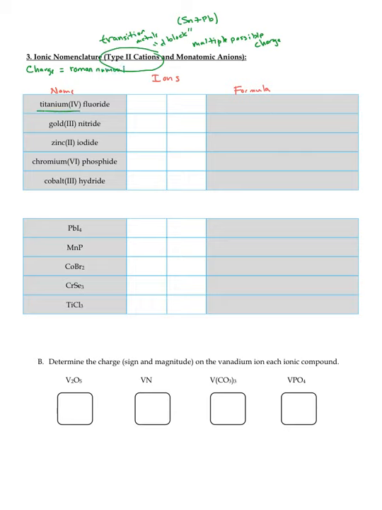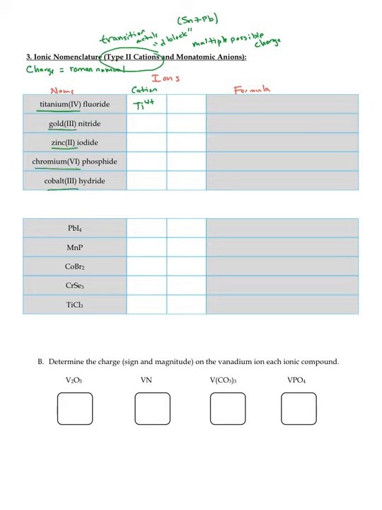So when you see titanium 4 or titanium IV, that means titanium with a 4+ charge. So when you have a type 2 cation, the charge is explicitly given to you.